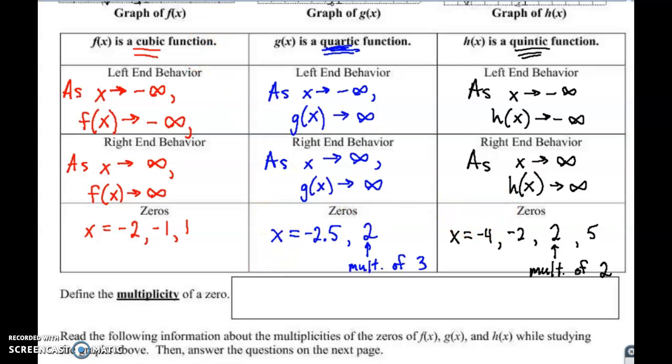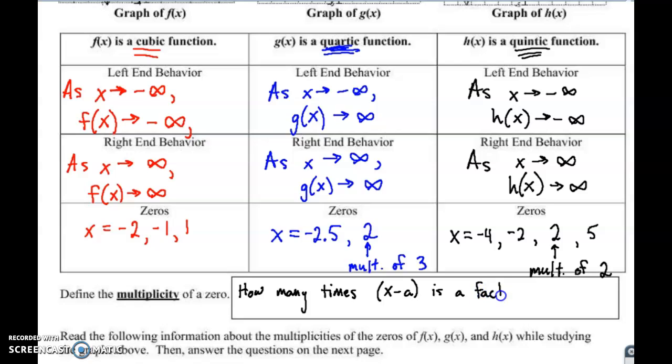So what does it mean to be a multiplicity? Multiplicity is basically how many times, if we're talking about like the form x minus a, is a factor.